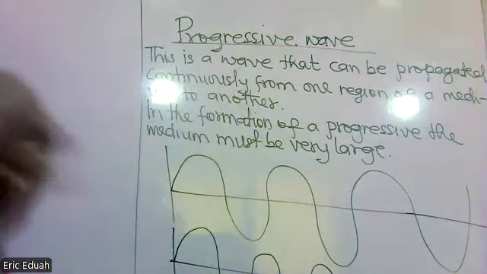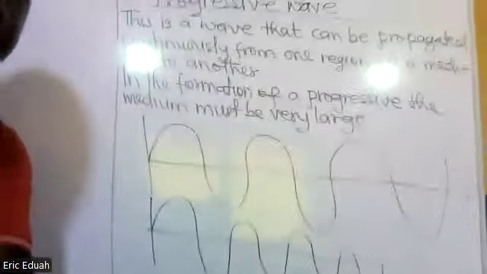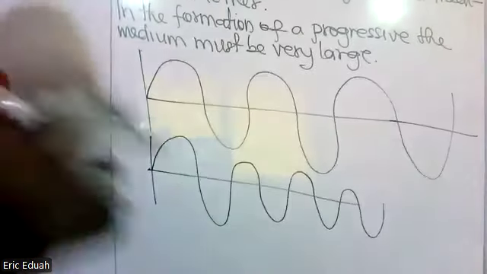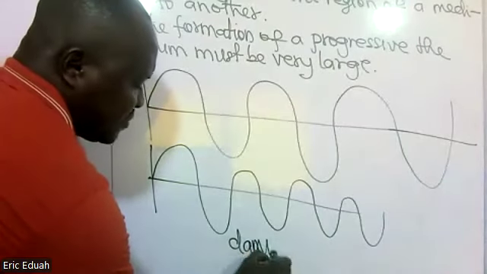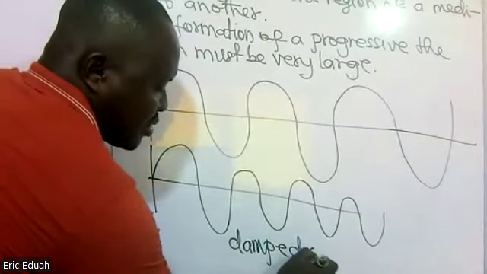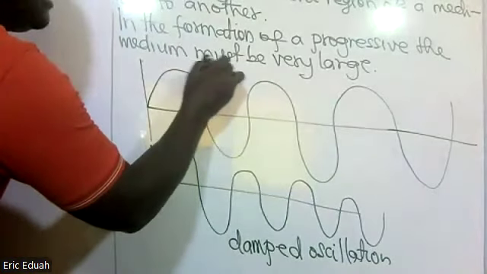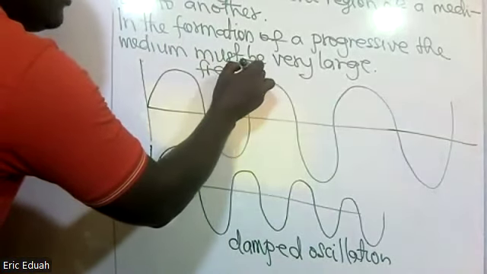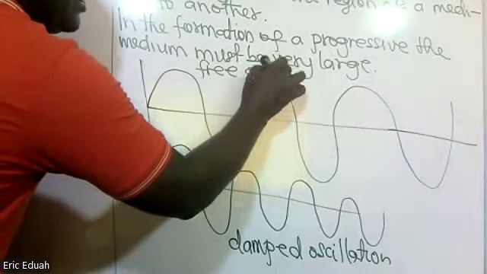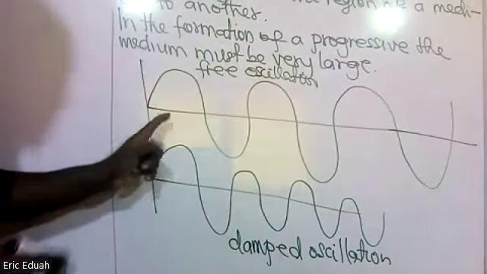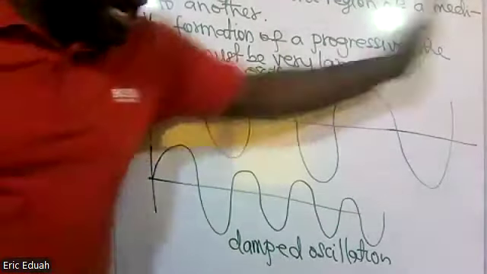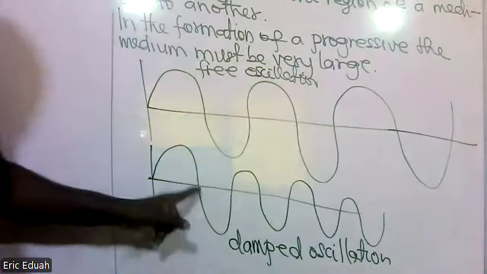We call such waves damped oscillation. But we mostly draw waves to look as if they are free oscillation. In a free oscillation, the amplitude of oscillation is maintained throughout. But practically, this is what happens.